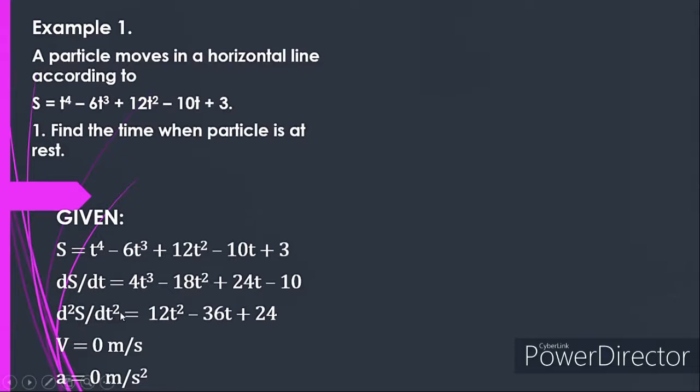So, d squared s over dt squared is equals to, i-differentiate natin itong ds over dt. So, maging result niya is 12t squared minus 36t plus 24. Again, particle is at rest, V is equals to 0, and A is equals to 0.